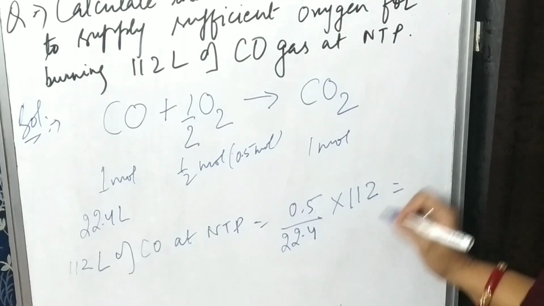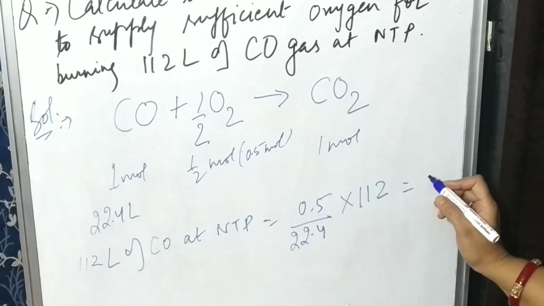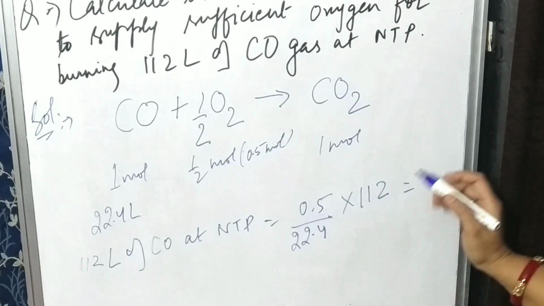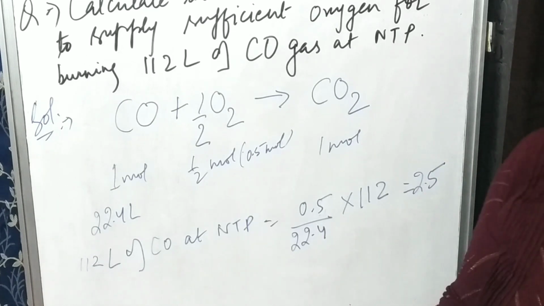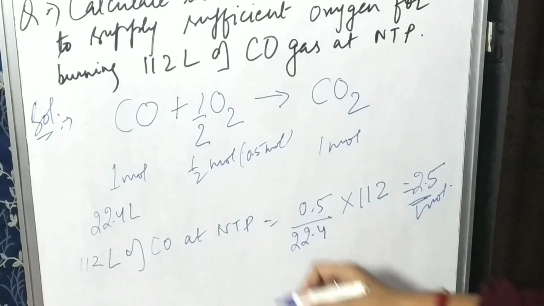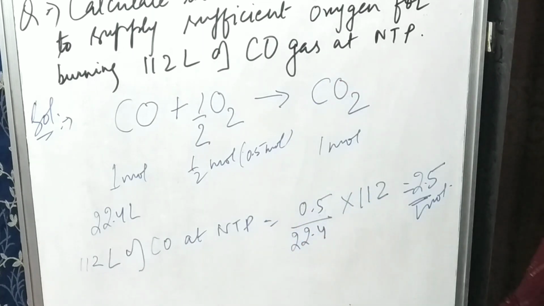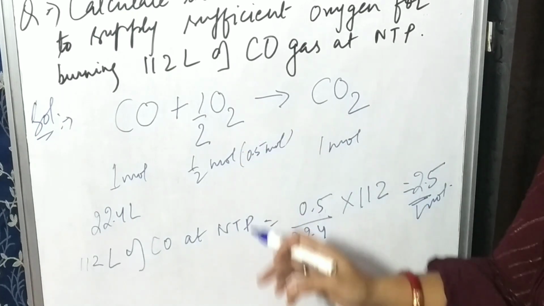When you calculate this you will get the answer near about 2.5 moles. It means 2.5 moles of O2 is required for 2.5 moles of CO formed.